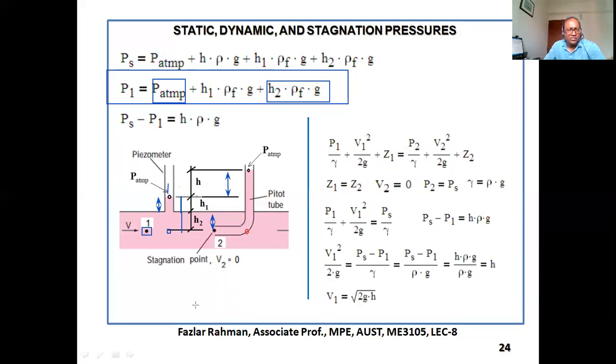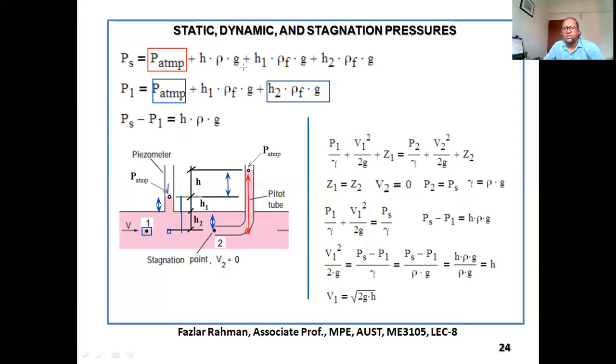So we will come down from the upper point to right over here. So how much is the pressure over here? Atmospheric pressure. So P atmospheric plus, we coming down from here to here, that means H rho G.